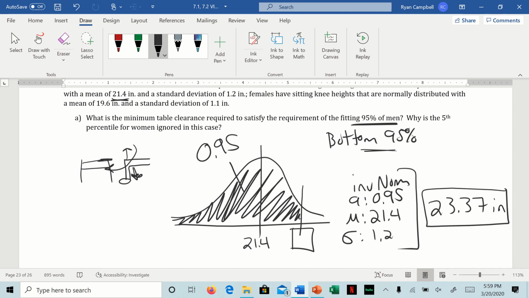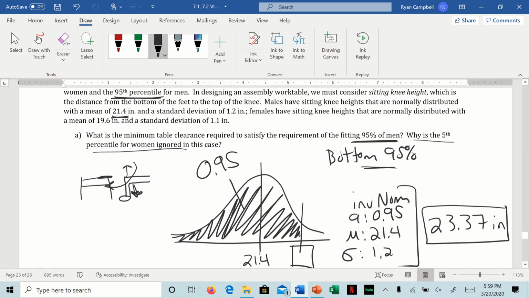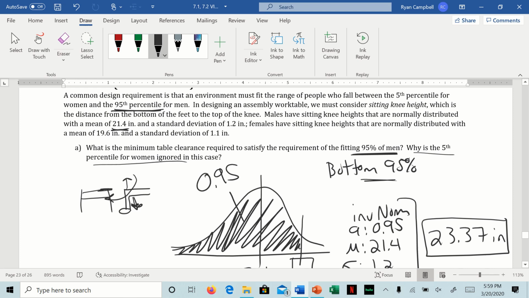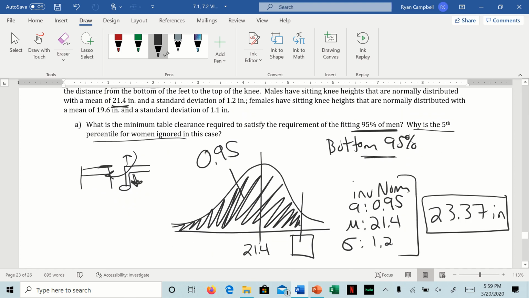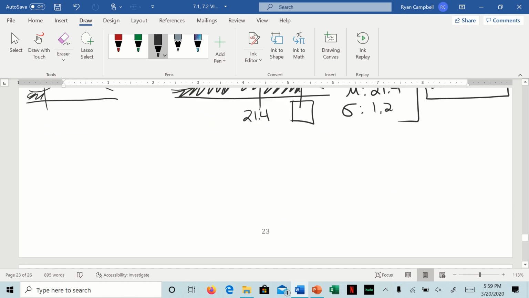All right, so now, why is the 5th percentile for women ignored in this case? Basically, what we want here is to make sure of all the people who can actually fit underneath this. So if the bottom 95% of men can fit, definitely the bottom 5% of women can fit.